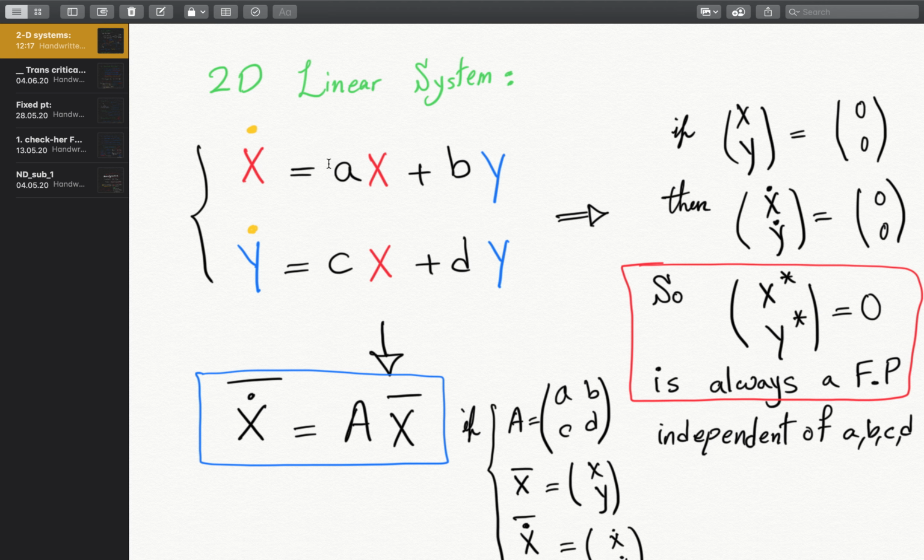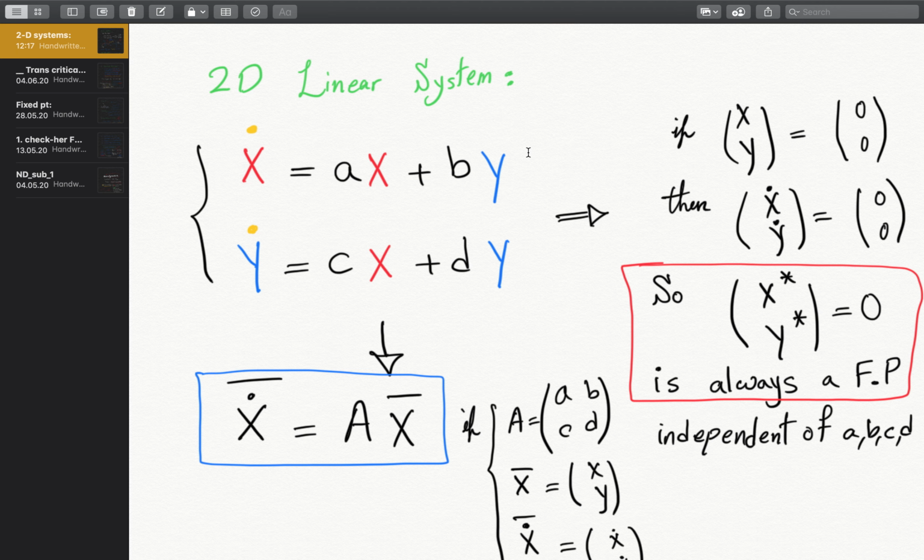Therefore, x dot equal to ax plus by, as well as y dot equal to cx plus dy, is a linear system. If x and y are equal to 0, then x and y, all of them will be 0. The change in x depends on the position on the x as well as the y.